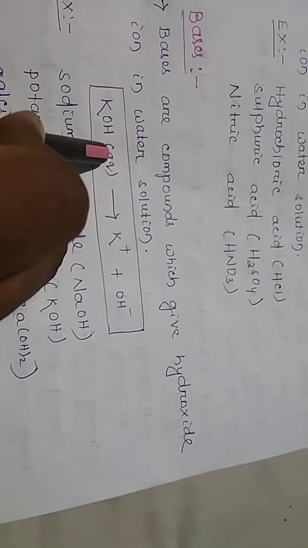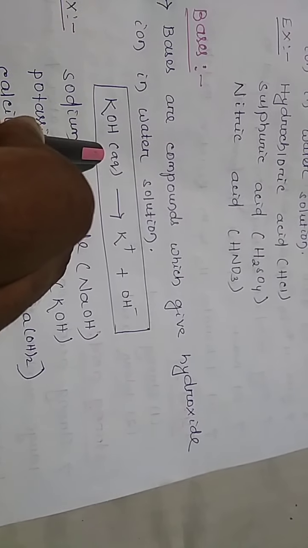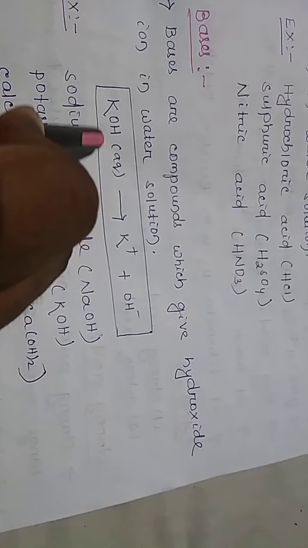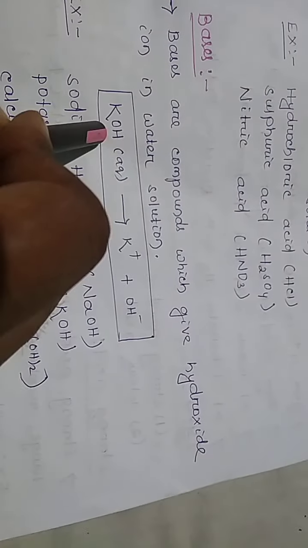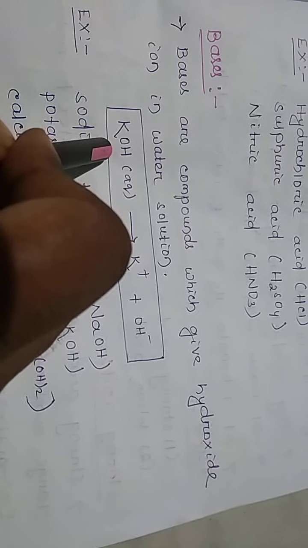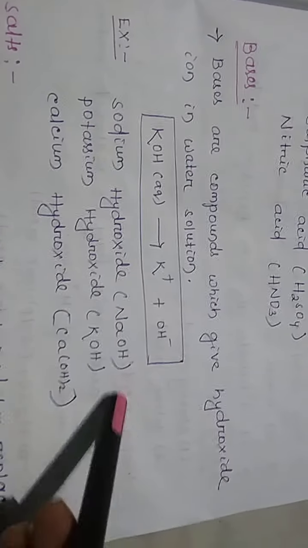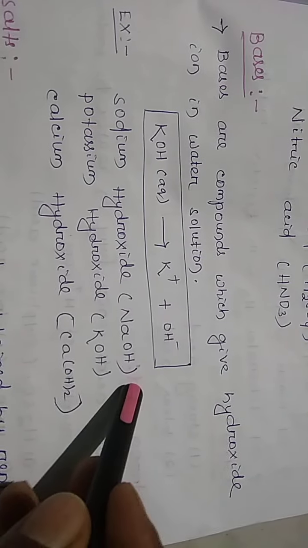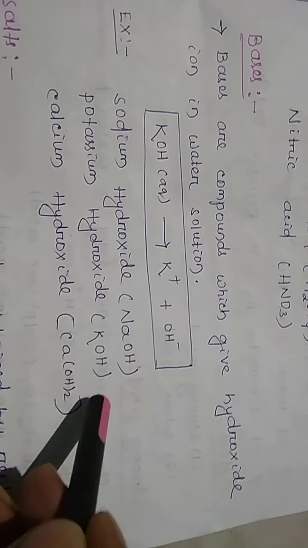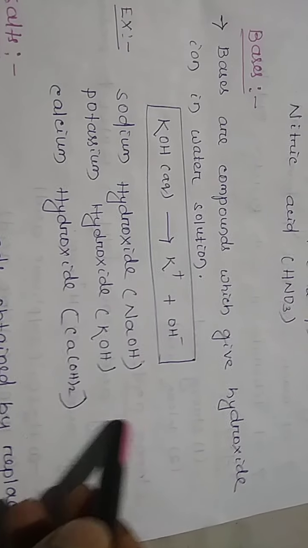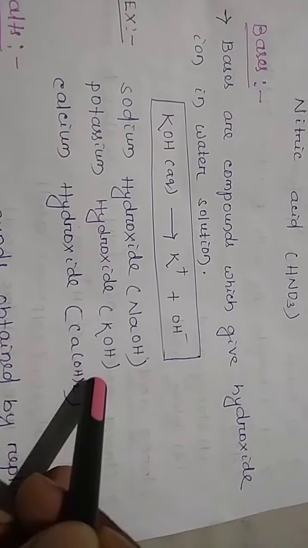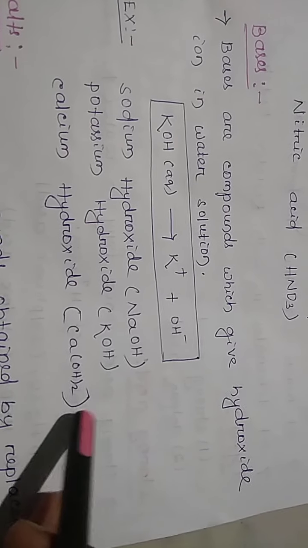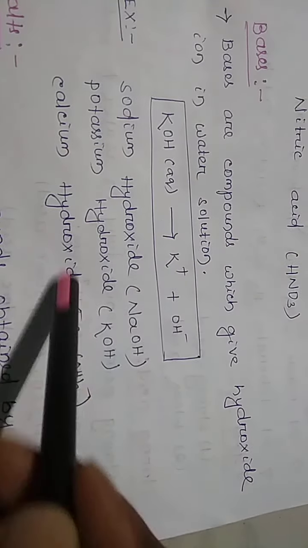In this reaction, potassium hydroxide is there in aqueous solution, and it gives hydroxide ion into water, so that should be regarded as a base. Okay, so these are the examples of bases: sodium hydroxide, NaOH, potassium hydroxide, KOH, calcium hydroxide, Ca(OH)2. And we have to remember the chemical formulas of these bases.